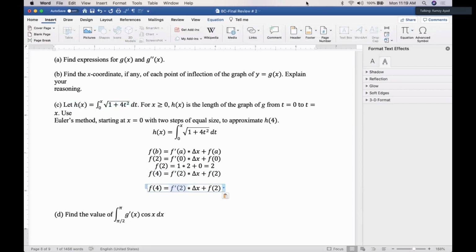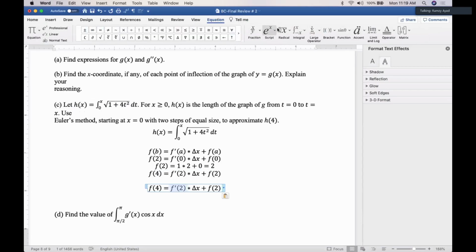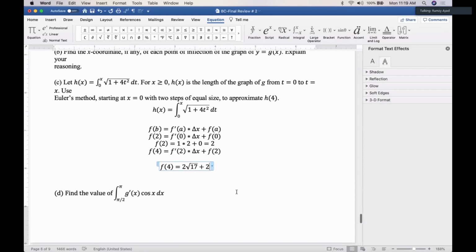So it's square root of 17 times delta x, which was the 2, and f of 2 was whatever we found before, which was that 2 here. And that's it. So the answer is 2 root 17 plus 2. If you wish to write the 2 first, 2 plus 2 root 17, that's how most people write it.